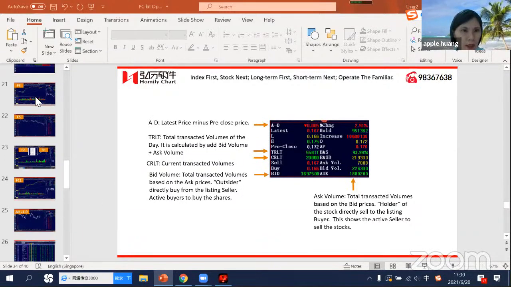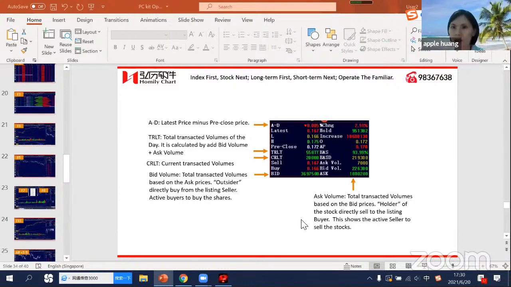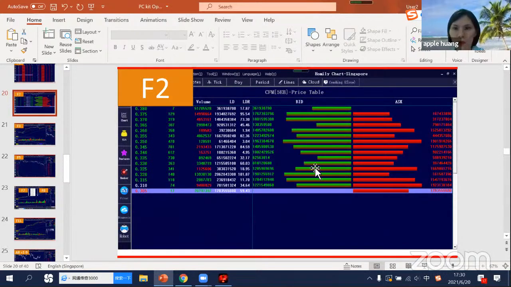Okay, there is a question about how to see the volume under the bid and ask. The volume is here.